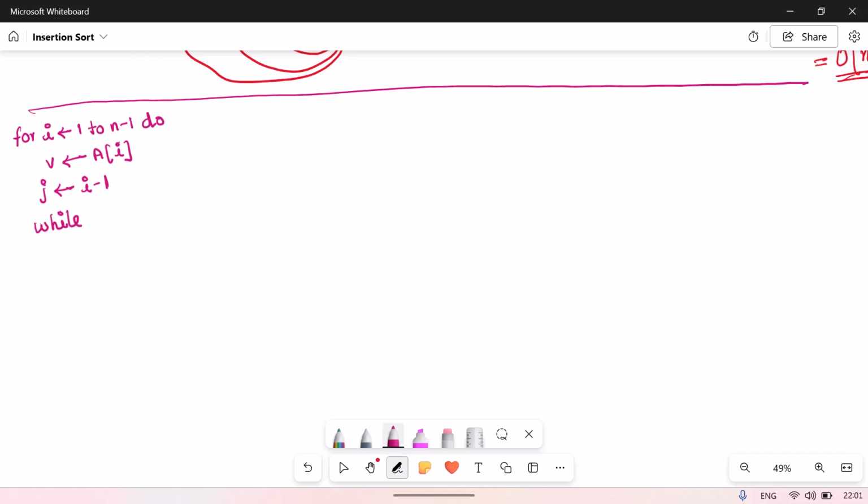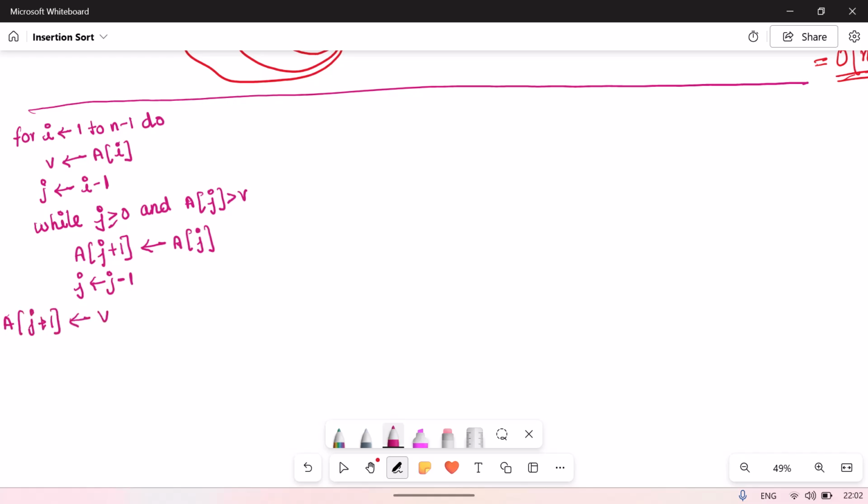So while J greater than or equal to 0 and A of J is greater than V, then A of J plus 1 will be assigned with A of J, and again J will be decreased by 1. Out of the loop, at the remaining place A of J plus 1, you will put the value V.